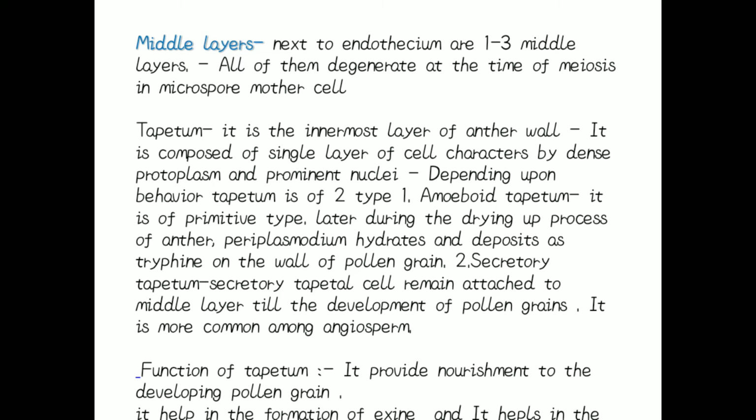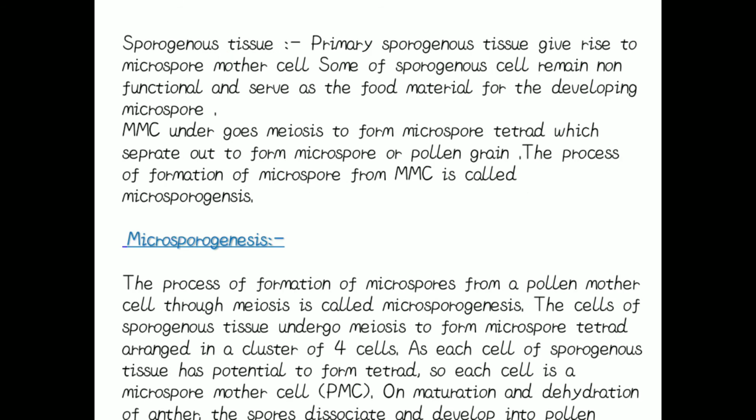Now let us discuss the function of tapetum. It provides nourishment to the developing pollen grains. Also, it helps in formation of exine. Exine is the outermost layer of the microspore or pollen grain. Now, sporogenous tissue.